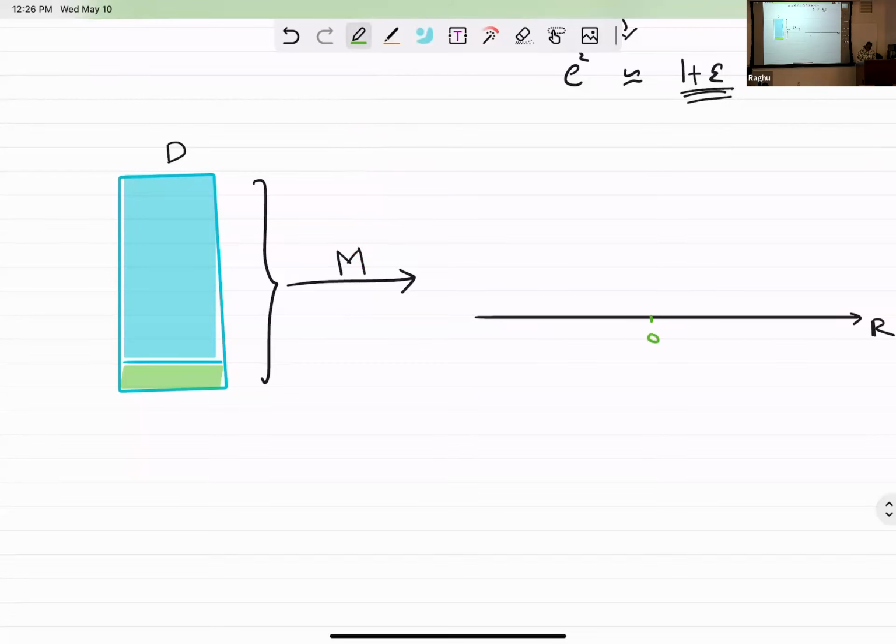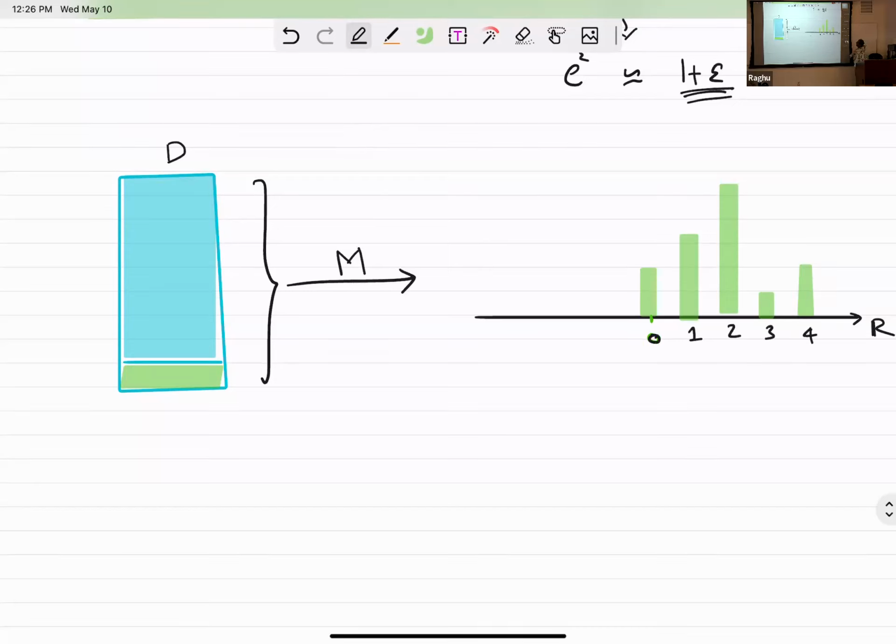Maybe the chance that you output 0 is something like this, and the chance that you output 1 is this, 2 is this, 3 is this, 4 is this.